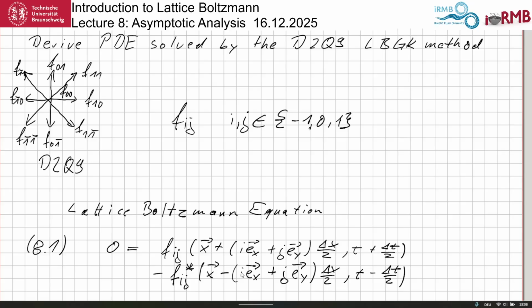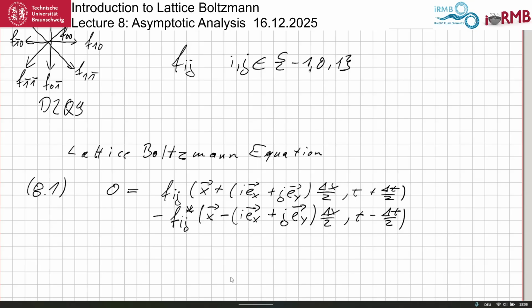So later we have to use the BGK equation, because the BGK equation is how we actually do this update. Again, there can be other collision operators that do things in a different way, and then we have to replace this.